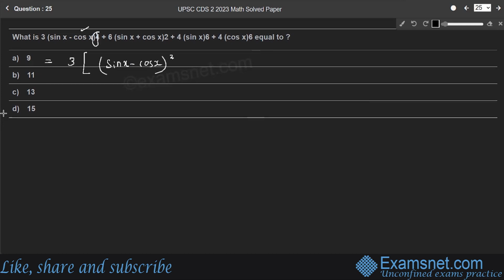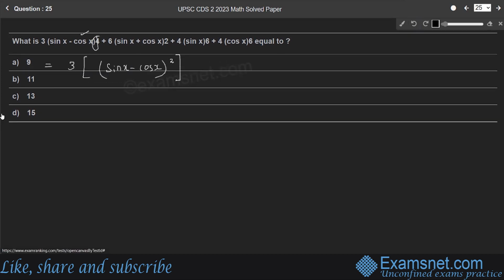Here the power is 4, so it is the square of (sin x minus cos x) square, which gives (sin x minus cos x) raised to 4, right? Plus 6 into (sin x plus cos x) square.